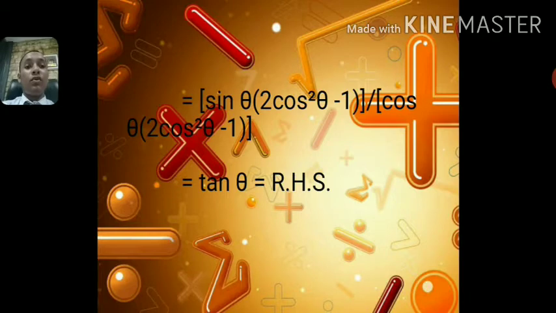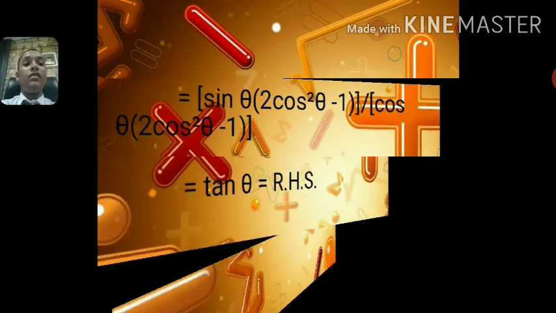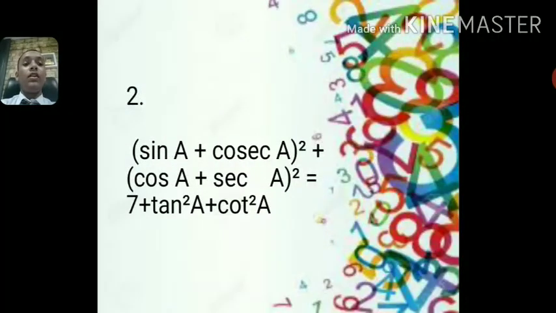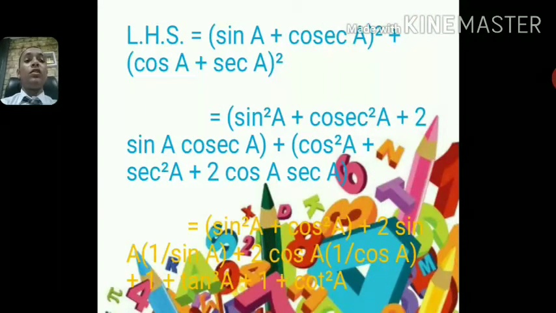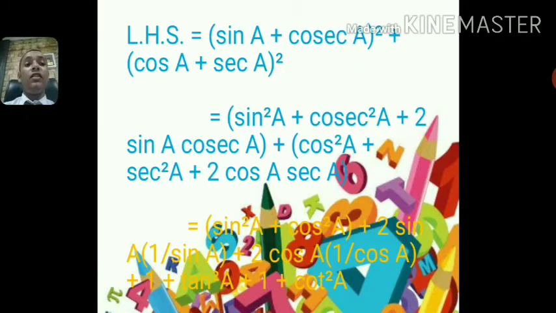The second question which was given by Vikas sir is: sin a plus cosec a whole square plus cos a plus sec a whole square, which we have to prove equal to 7 plus tan square a plus cot square a. The solution is taking the LHS side, which is sin a plus cosec a whole square plus cos a plus sec a whole square.